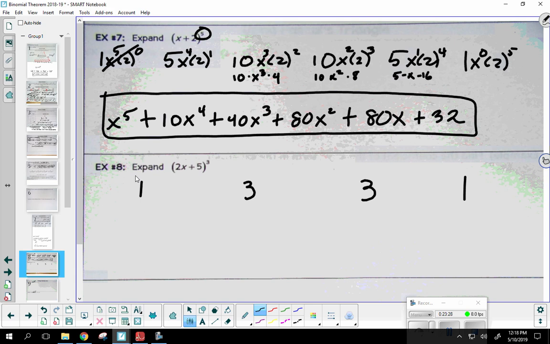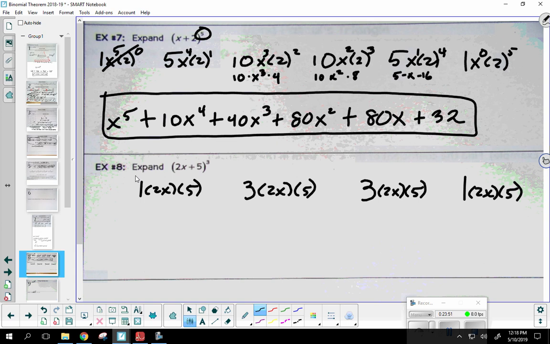Now, what are my two terms this time? 2x and 5. So each of these will get a 2x and a 5.